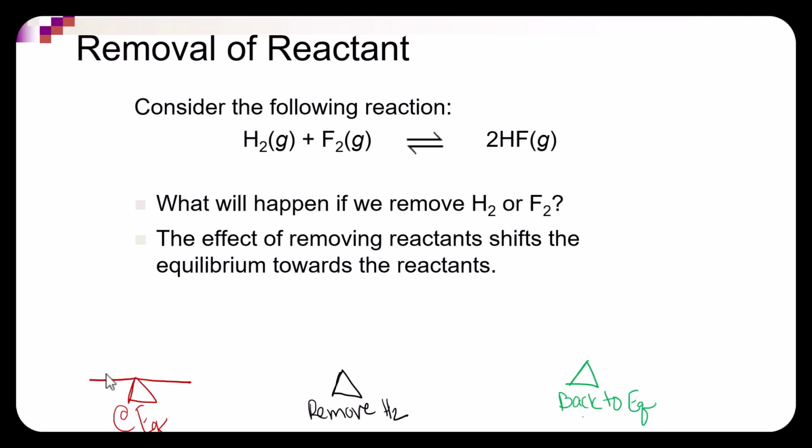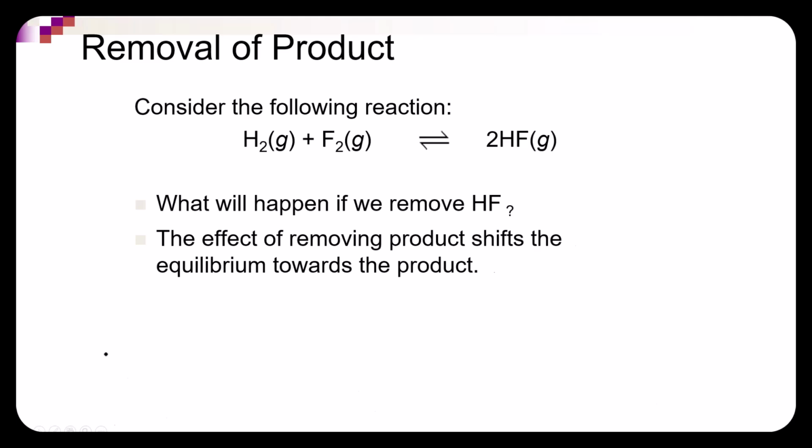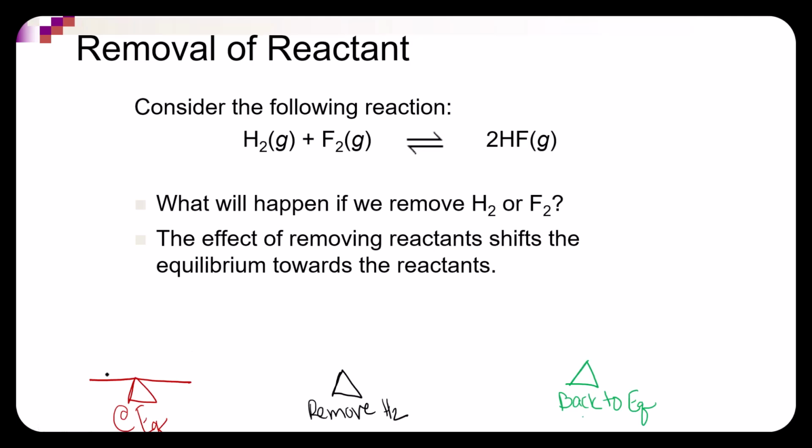So in this case, we are taking some of the reactant away. So what that's going to cause is our reactant side is going to feel lighter. Our product side is going to feel heavier.